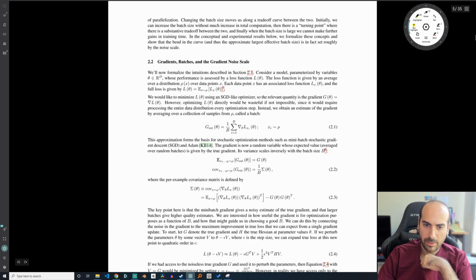So the expected value of the covariance with the per sample variance.